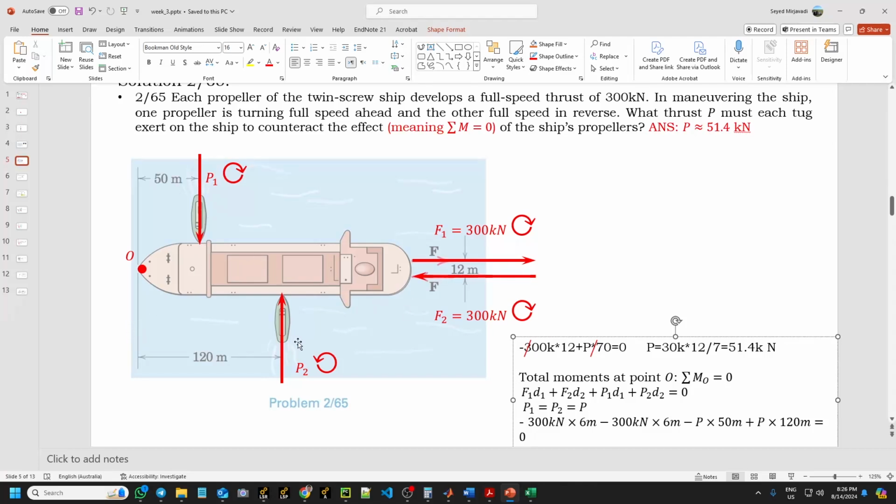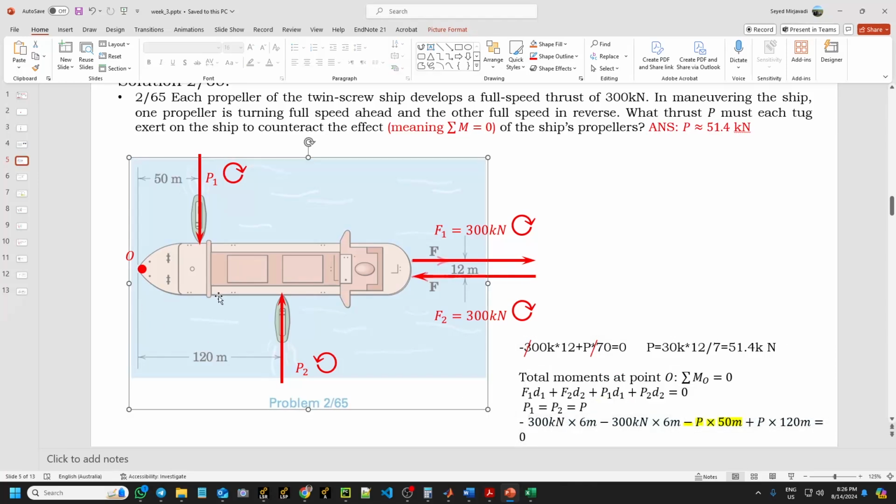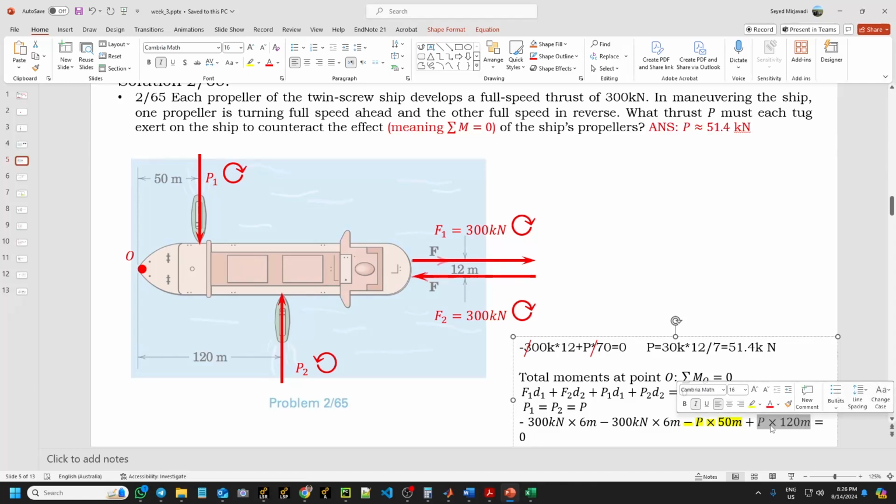So P1 is equal to P2, so I'll just put P, so the answer will be this one. Okay, and now for this force, again, this will be P times 120, because it is counterclockwise, it will be positive. And again for these ones, the distance between the lines of action of these is 6 meters times F, which is 300 kilonewton, so it will be negative.